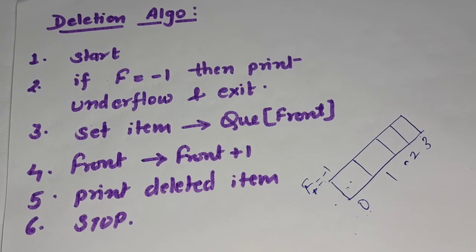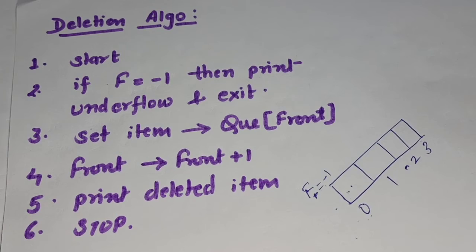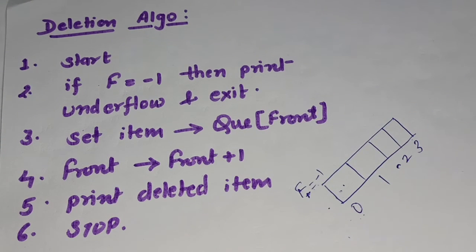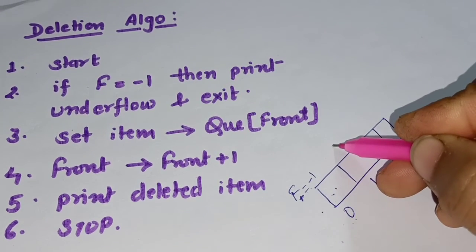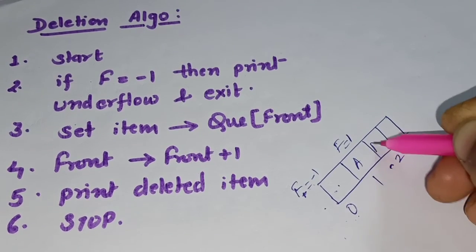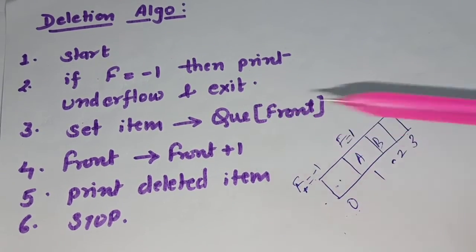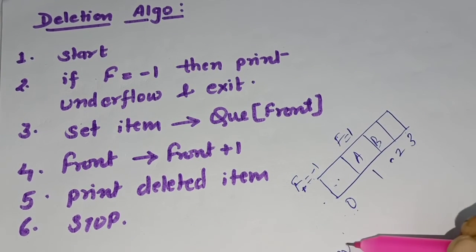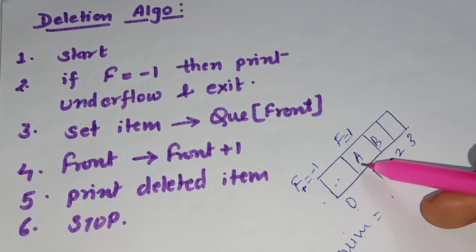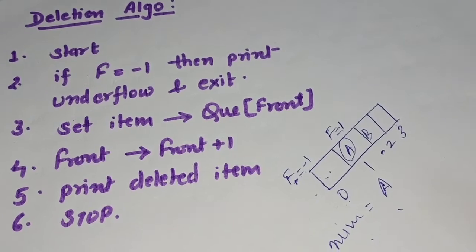After this, if this condition is false, then control comes to the next step, set item equal to queue of front. Suppose your front value is 1. Here is some element. So if this condition is false, control comes here and we take a variable, suppose num. Num is equal to queue of 1. Which variable is there? A. So in the num variable, A will be stored.